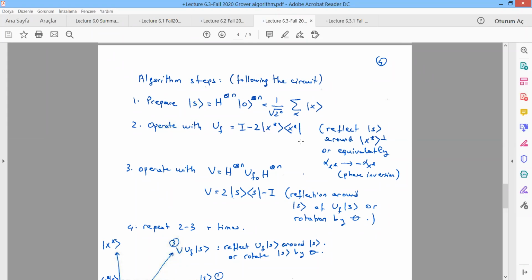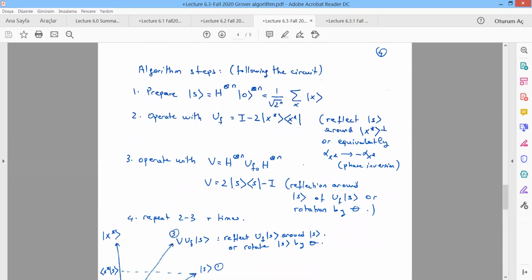This was the reflection. It is inversion around the mean, but at the same time reflecting |s⟩ around |x*⊥⟩. We'll see this graphically. But we have shown that this circuit corresponds to phase inversion, alpha_x* equals minus alpha_x*.